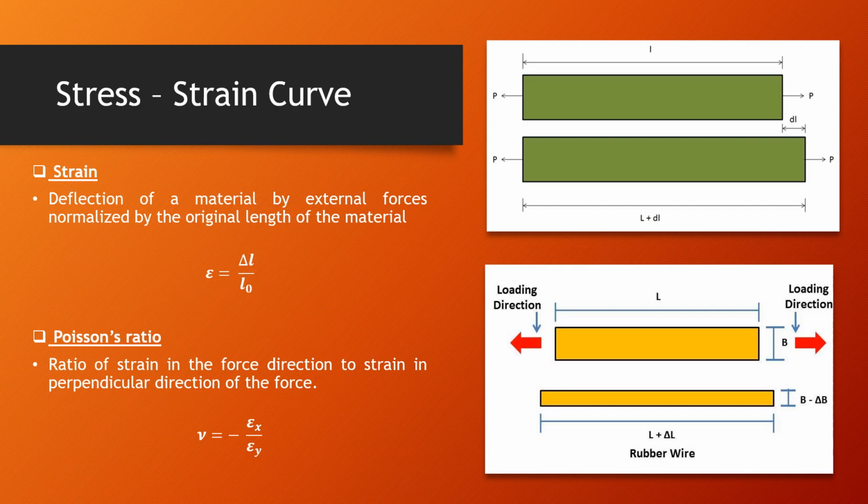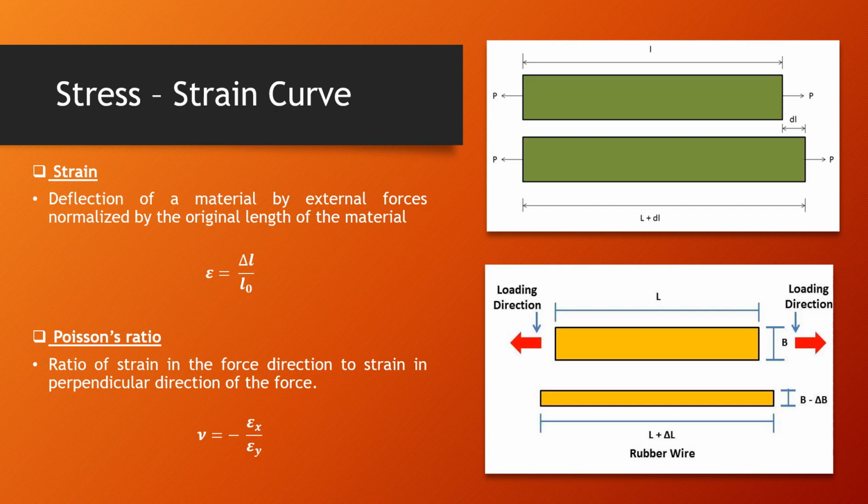However, while it elongates in the force direction, there is also another deformation occurring perpendicular to the force direction, where the material starts to shrink. You can see on the diagram that in the x direction the material is elongating, but in the y direction the material is decreasing in length. So it is having a decrease in cross section as well.